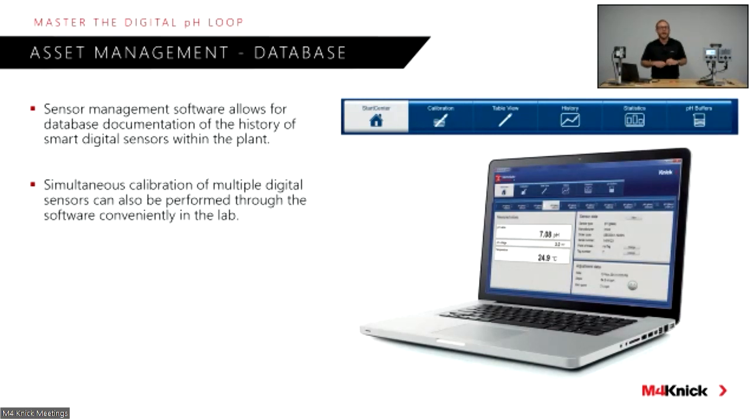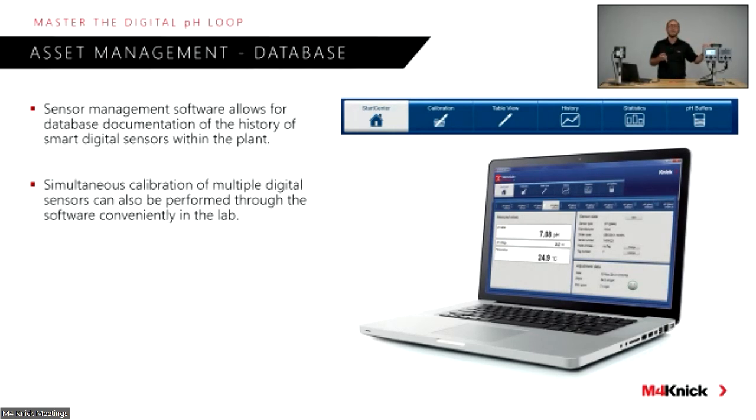This particular software is the Memo Suite software from Knick, and it allows the Memosens digital sensors to be connected up to this PC-based software to build a database of all the sensors that have ever been connected to it. It allows us to go back and view previous history of the sensors.